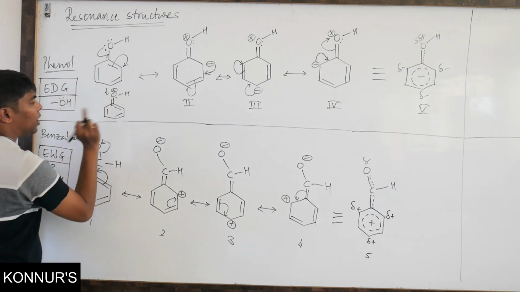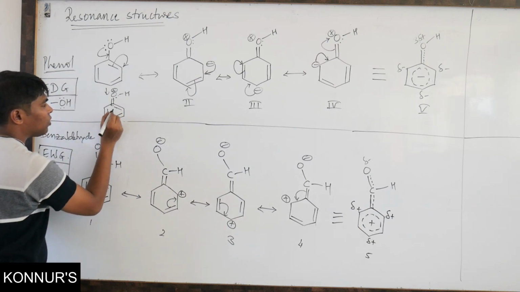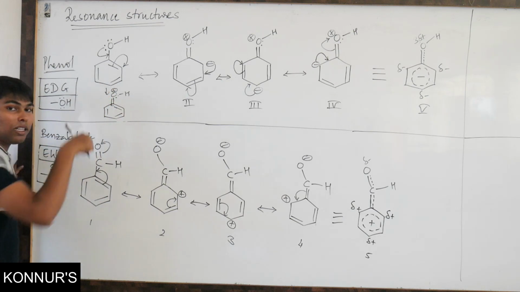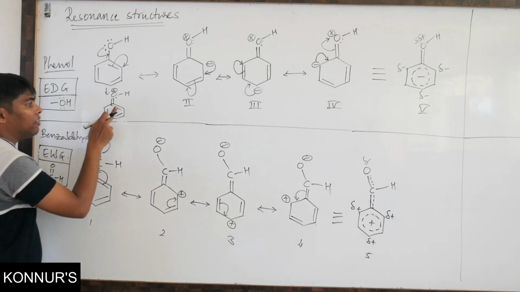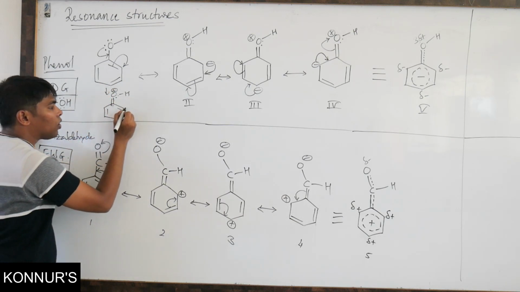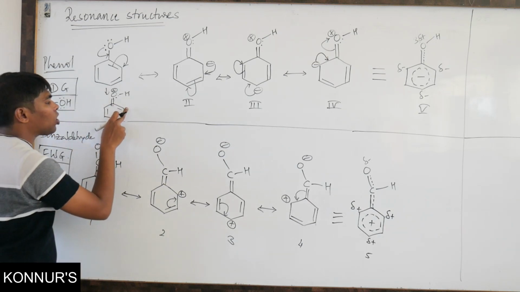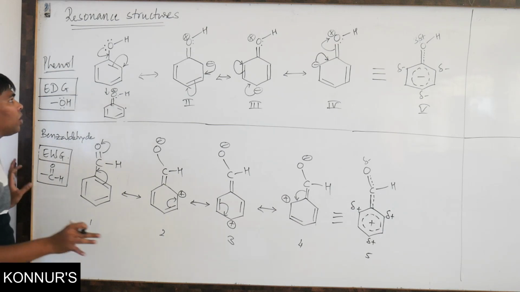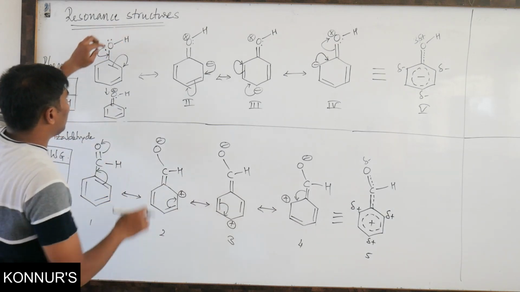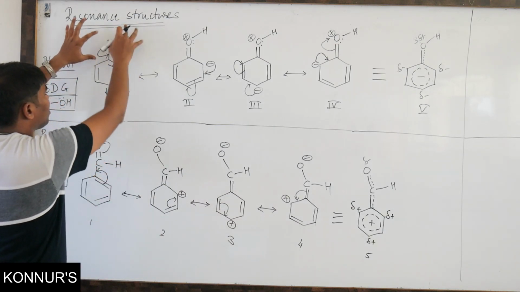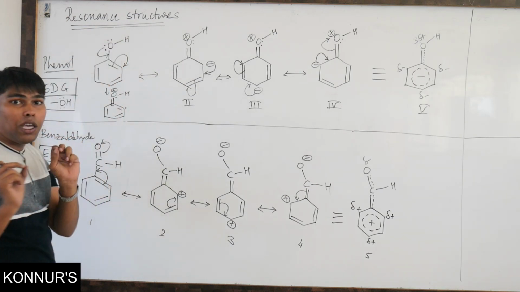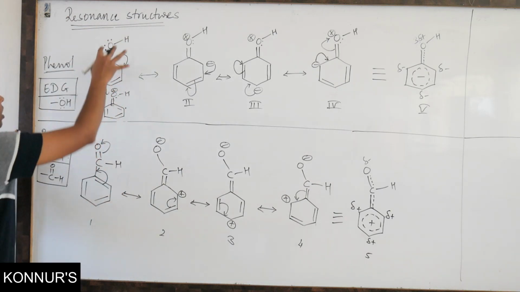So one electron is gained by the oxygen, and this electron will go to the carbon which is present at the ortho position of this carbon. You know that the immediate positions to a substituent will be named as ortho positions.